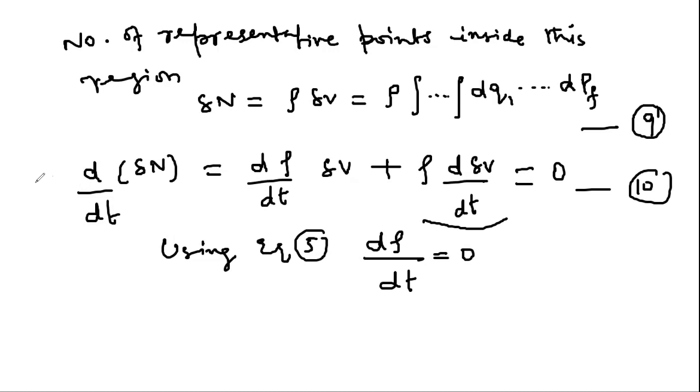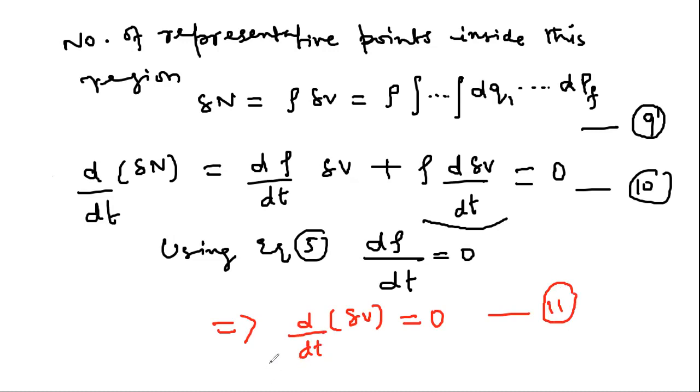What is that option? I will write that in red. It implies that d by dt of delta V is equal to 0. Let me name it 11.